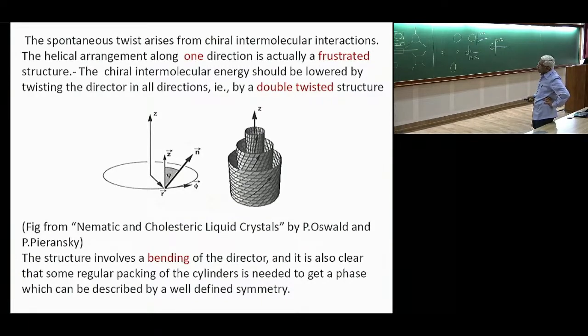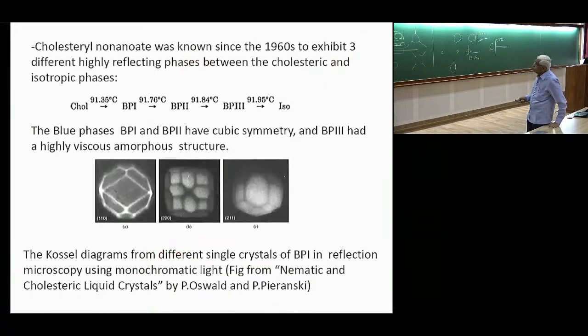So this structure involves also a bending of the director. You see that. You see the director bends. It just cannot twist. It has to bend. Now, once we know that, in fact, long ago, in the 1960s, cholesterol nonanoate was already known to have 3 different phases above the cholesteric liquid crystalline phase before it became fully isotropic.